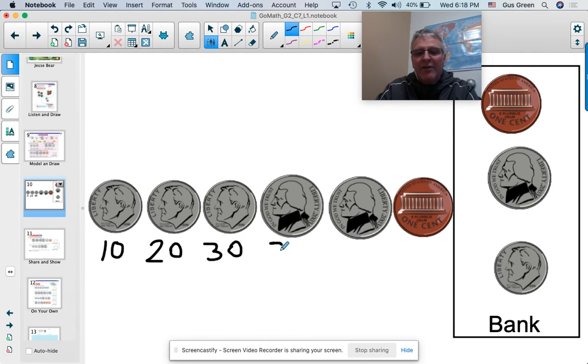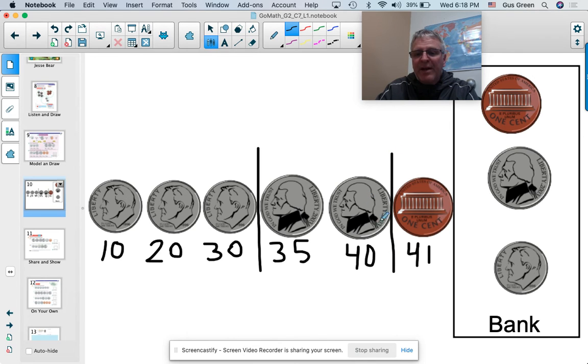So 30, 35, 40. And now I have to switch to counting by 1s, 41. Just like that. So right here where it switches from dimes to nickels, I switch from counting by tens to counting by 5s. And right here where it switches from nickels to pennies, I switch from counting by 5s to counting by 1s. And you have to practice that.